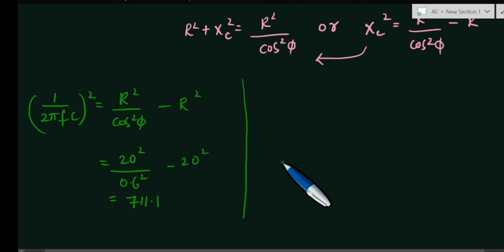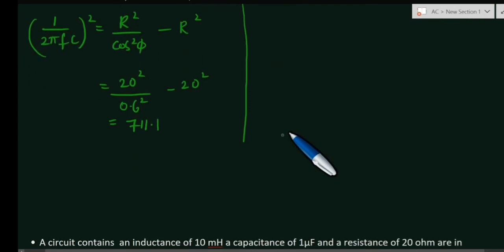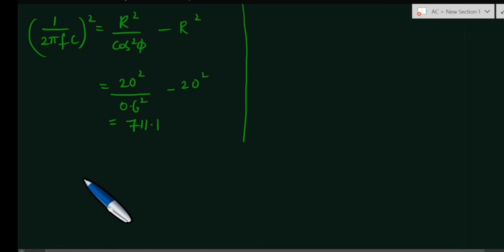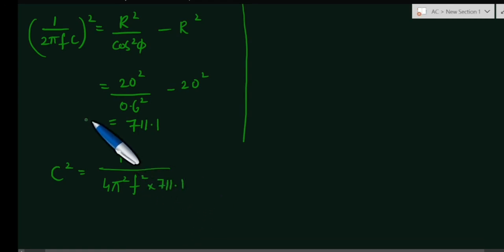C square is equal to 1 divided by 4 pi square F square into 711.1.